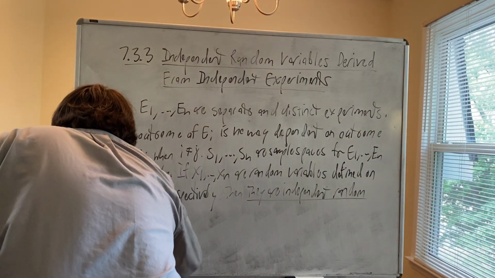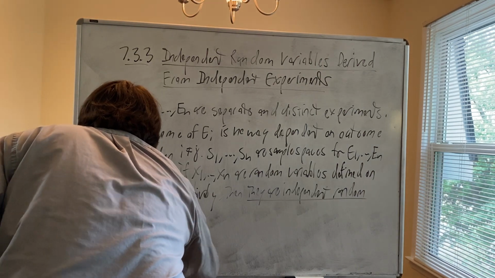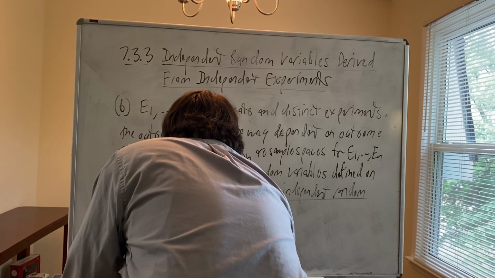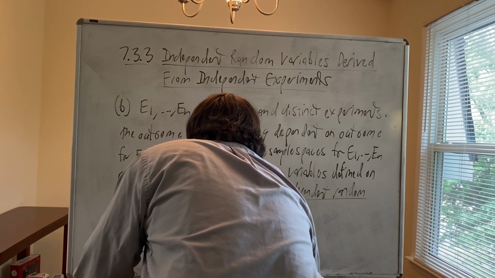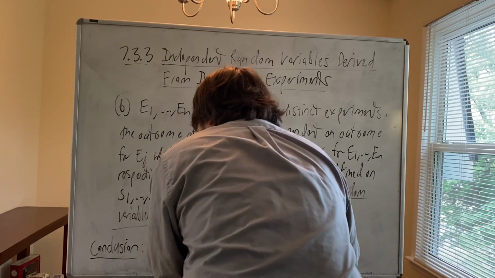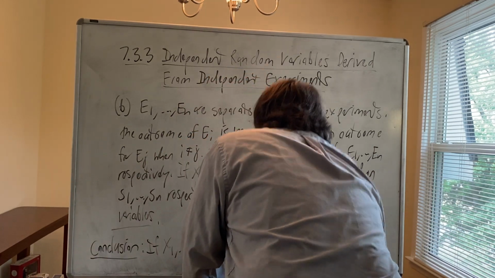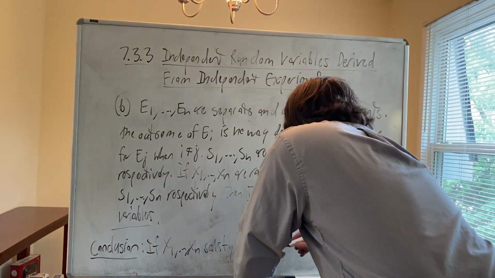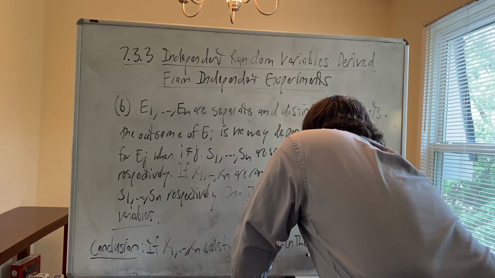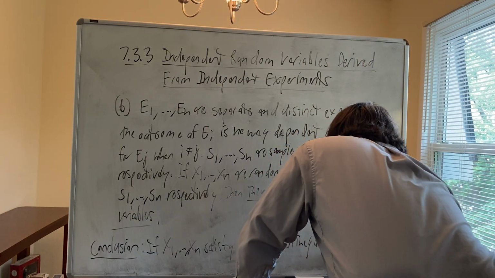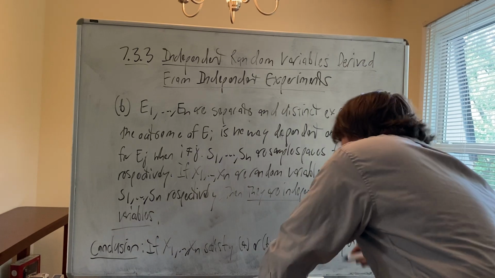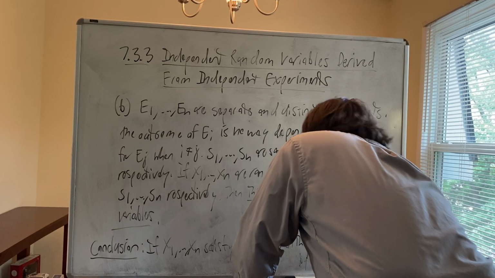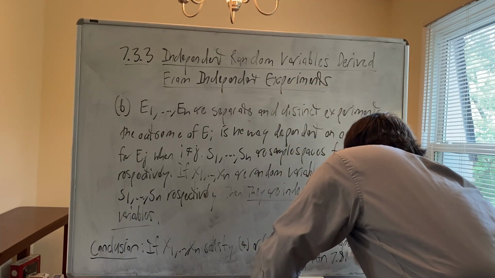And so the conclusion that we want to draw from this, A or B, is that if X1 to Xn satisfy A or B, the A I just wrote and this B, then they are independent by definition 7.8.